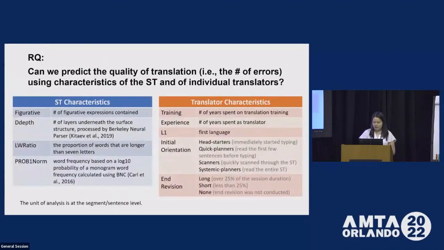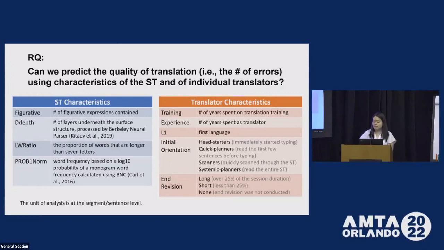And here is how I annotated source text and translator characteristics. Please note that the unit of analysis here is the segment, which is sentence level. So figurative, for example, refers to the number of figurative expressions in one sentence. D-depth is about syntactic complexity. Long word ratio is the proportion of long words. And prob1 norm is my operationalization of word familiarity.